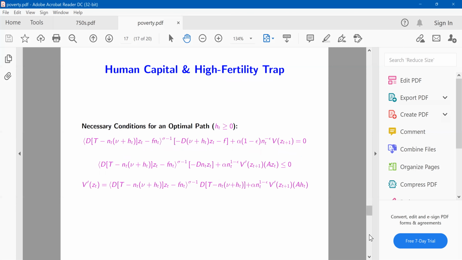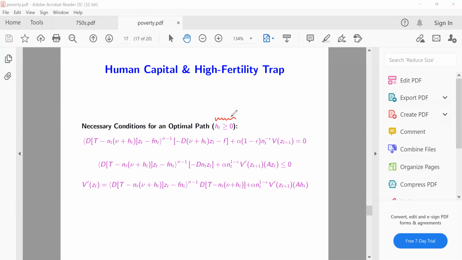Then we have the necessary conditions for an optimal path. Again, be careful, we have the non-negativity constraint in terms of education investment. All right, so we assume that NT is positive.